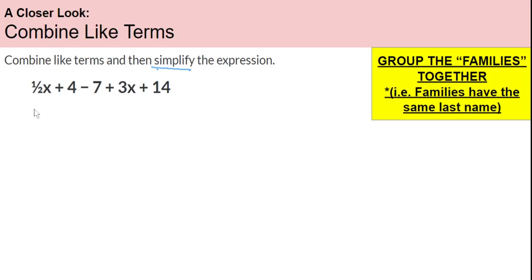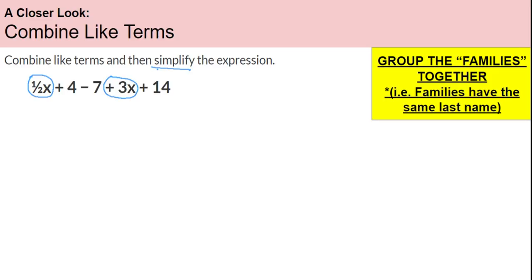All right, how did you do? Let's just start with the very first term, 1/2 x. Do you have a like term or a family member for 1/2 x? Absolutely, you got 3x, and this is what I like to do. I like to take the sign that's to the left of it. You'll see why in a second.